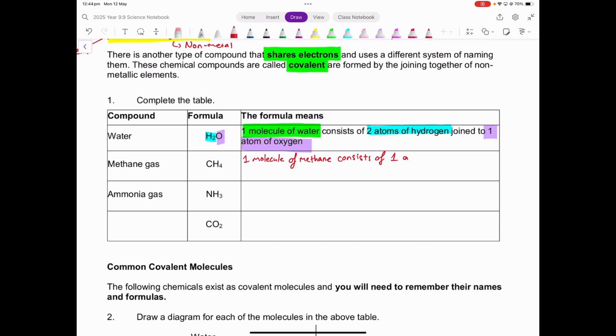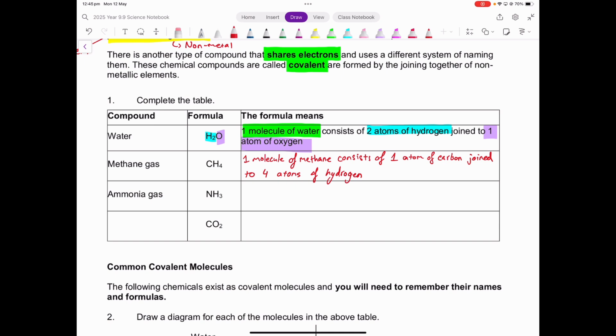Very good, 1 atom of carbon joined to, what does this next one next to it represent? How many hydrogens? 4 what? Good, 4 atoms of hydrogen. So what I'm going to ask you to do now is fill in ammonia gas for me in the same exact way.